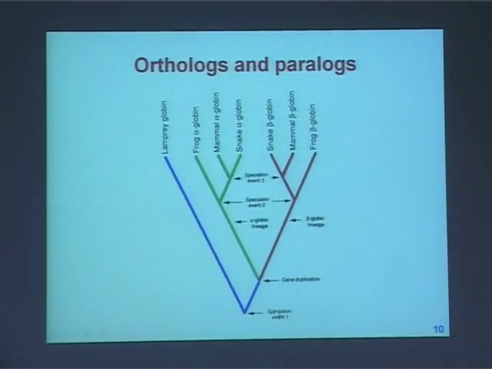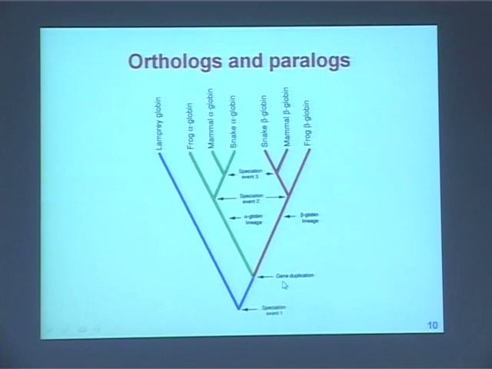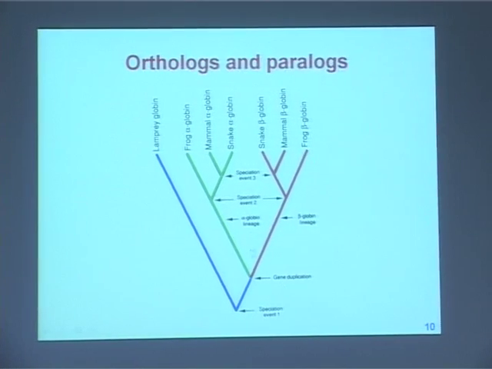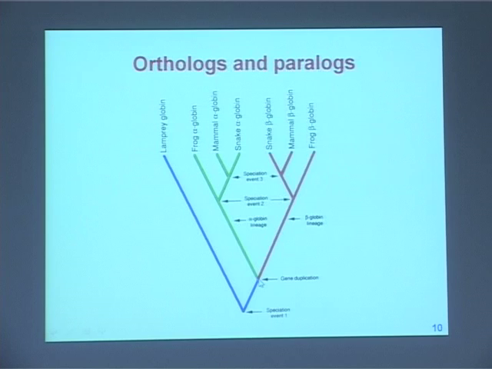So this is a speciation event. And sometimes we have duplication events, which cause the gene to be duplicated in that species. The gene in one species, for example, in this lamprey species, in lampreys, there is a single globin gene, for example.